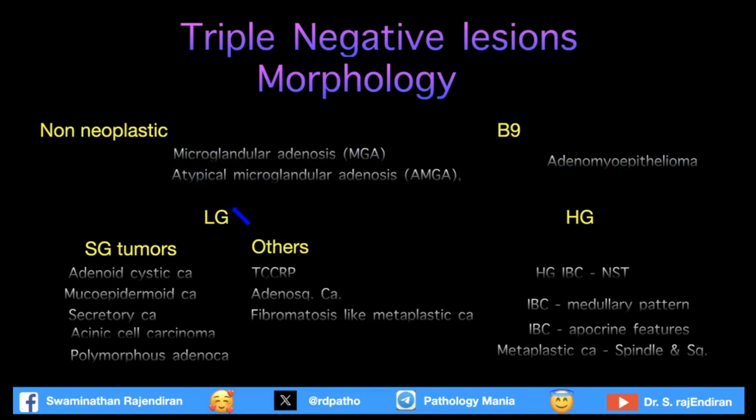And when it comes to malignancy, low grade and high grade, some members of low grade, for example adenoid cystic carcinoma, salivary gland tumors that happen in the breast, are all low grade, but they are triple negative. So you cannot categorically say triple negative is bad. Only a couple of them are high grade, having bad prognosis, whereas a couple of them can be low grade, non-neoplastic or benign.